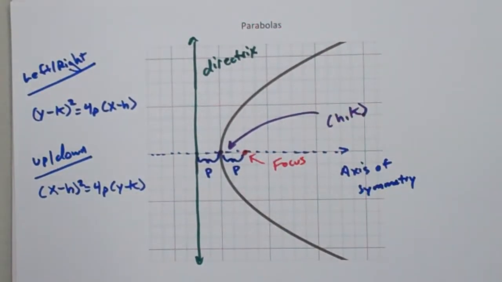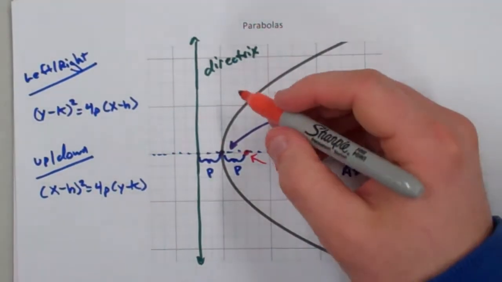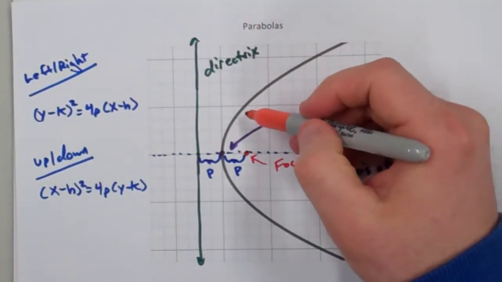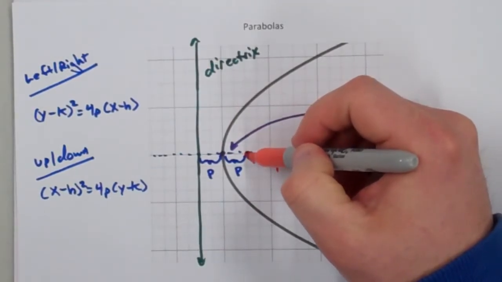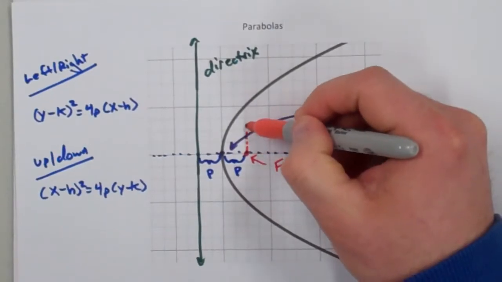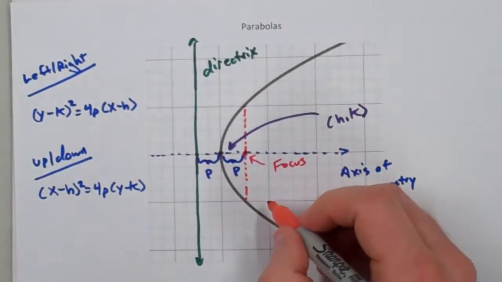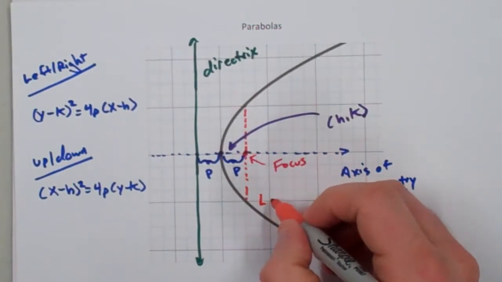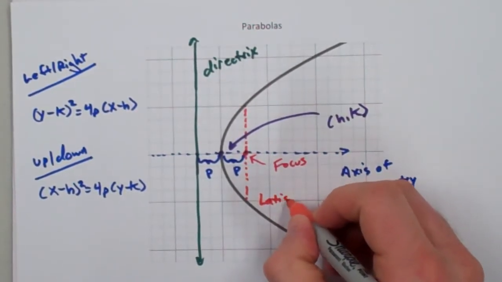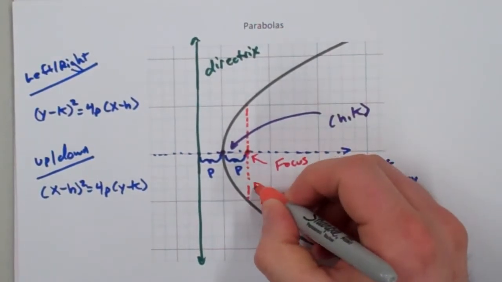There is a funny thing that happens, and this is just something you can use to help you graph. If you go parallel to the directrix through the focus, you get this line, and I might misspell this, latus rectum is the name of that line right here.